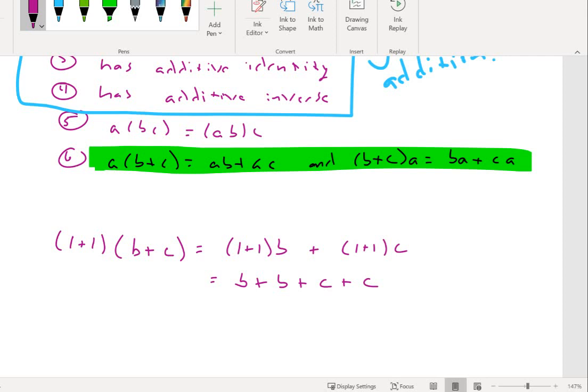However, it's also distributive in the other direction. So by the same token, we would have that.